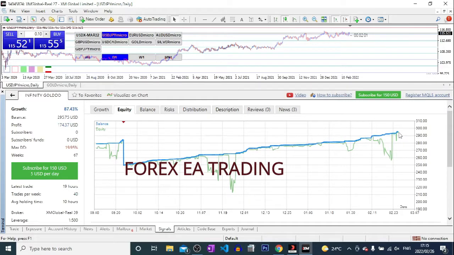Eventually they recovered from the loss, but you can see their equity has at some point been low. There have been massive drawdowns. Even recently, there's been a massive drawdown. They sort of recovered.